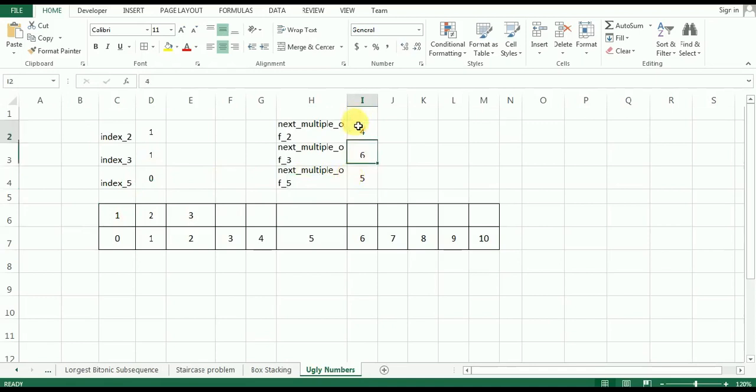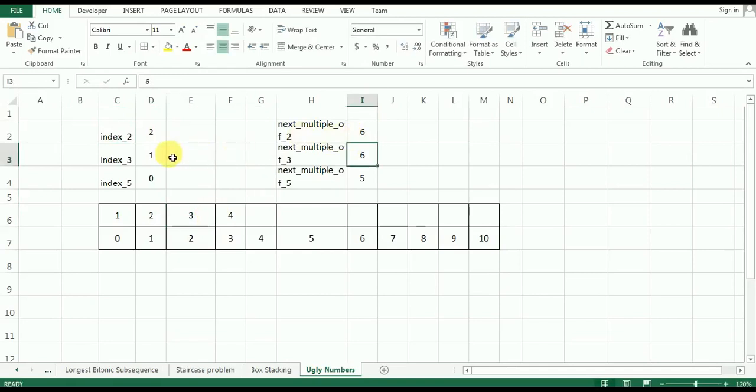We find the minimum value, which is 4. I put 4 over here and this index gets incremented by 1 because 4 has been taken from the series of number 2. Now 2 multiplied by value at index 2, which is 3, so this becomes 6.